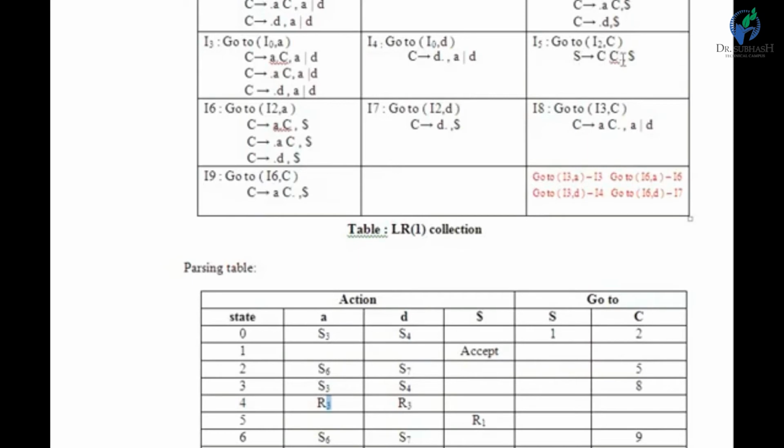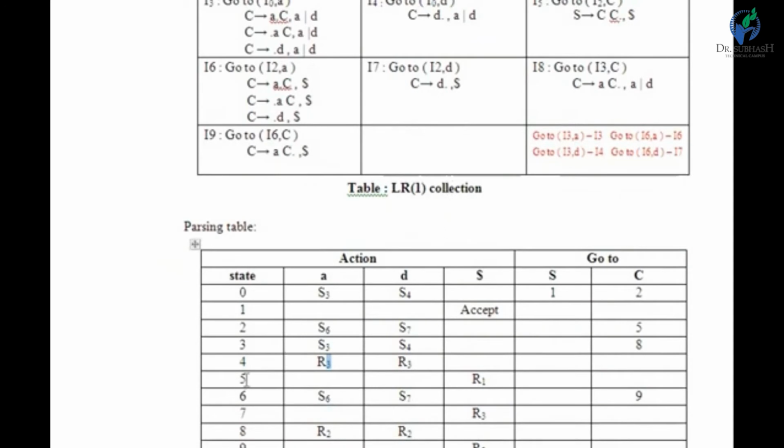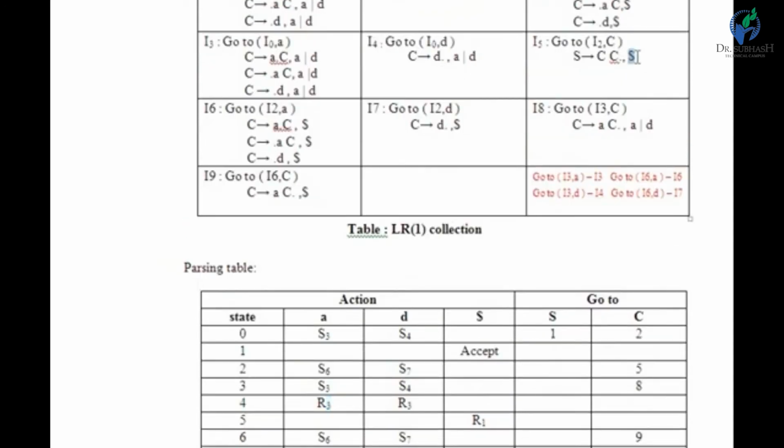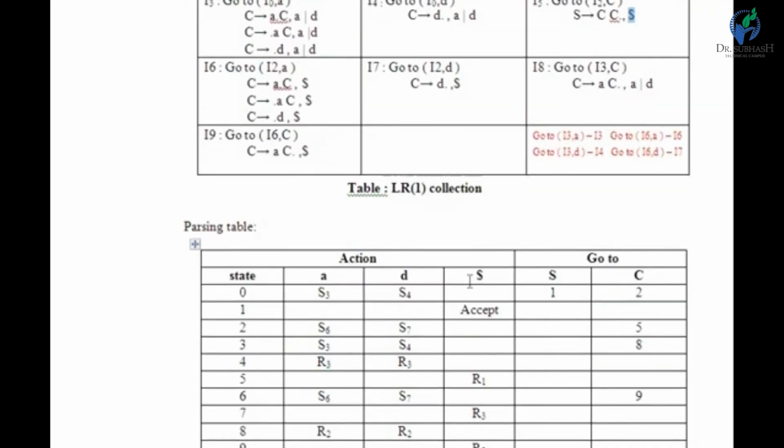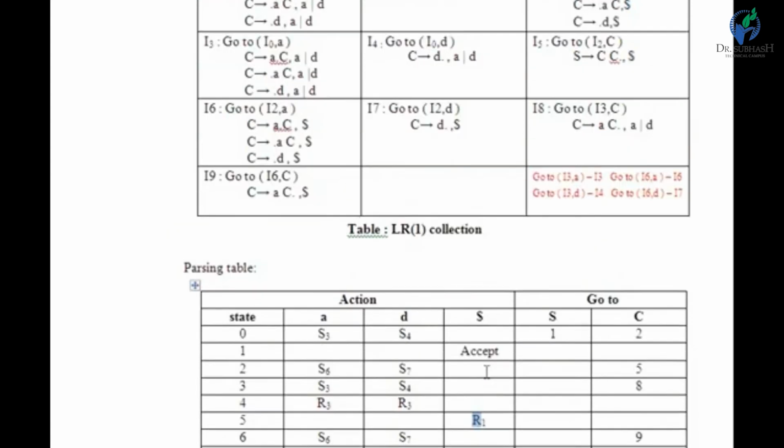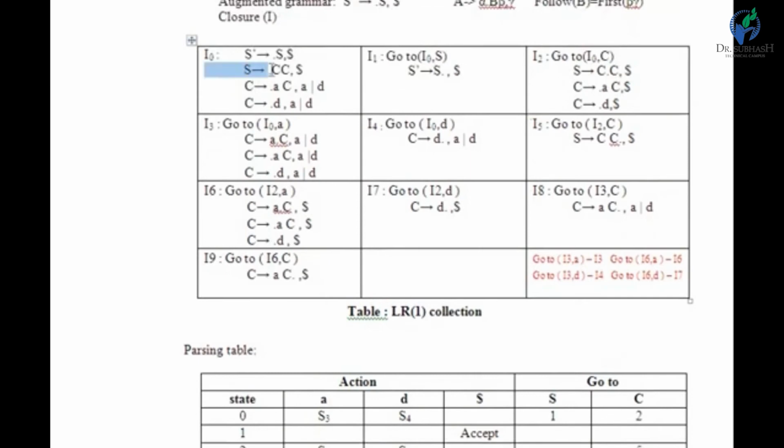Next, fifth, it's also a complete production. S gives CC dot. So write the reduce entry in the fifth row at which column? Your lookahead is dollar. So in the fifth row, dollar column, write the reduce entry. S gives CC is at position 1. This is 0, 1, 2 and 3. So this is position 1.